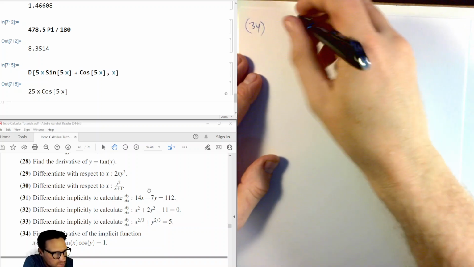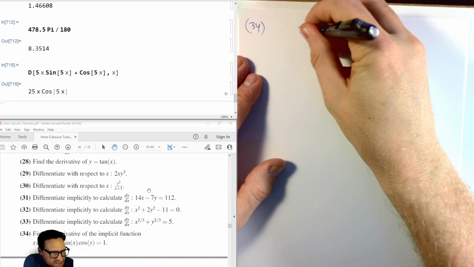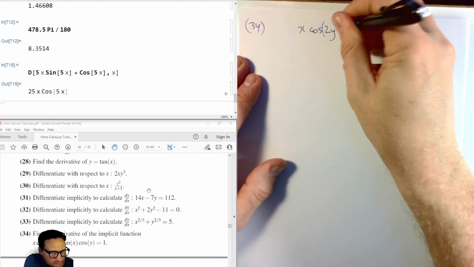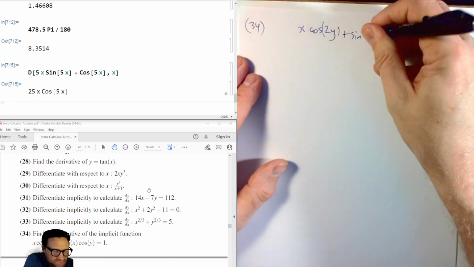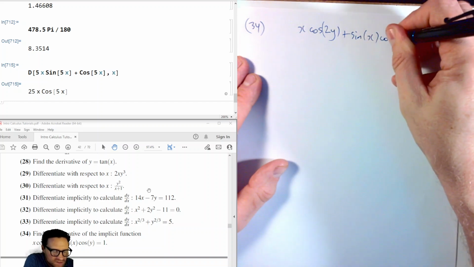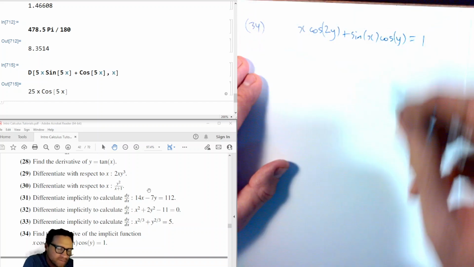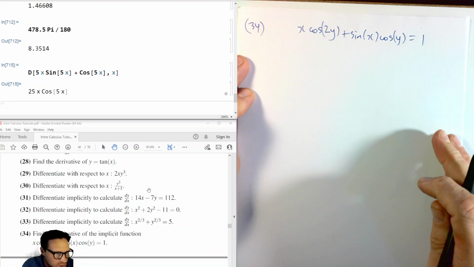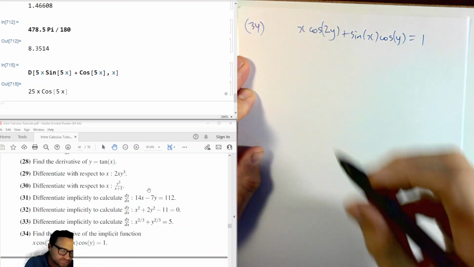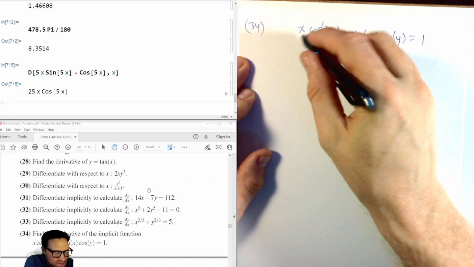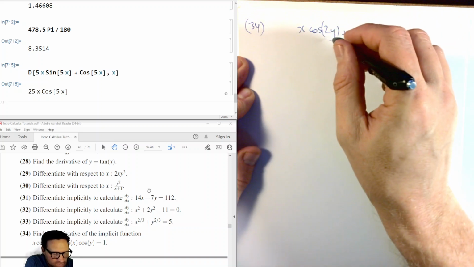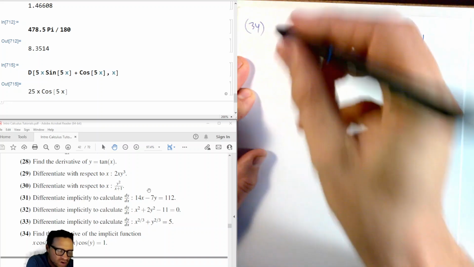So in 34, we've got x cos of 2y plus sine x cos of y equals 1. And we've got to apply d on dx throughout. So here we need the product rule. Here we're going to need the product rule.